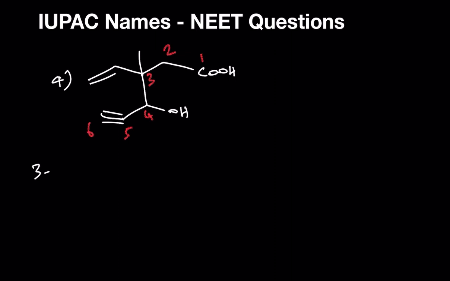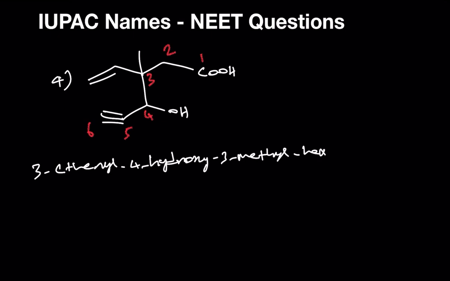So we have an ethenyl group, just like structure 2, ethenyl, and then 4-hydroxy, and then 3-methyl hex 5-ynoic acid.